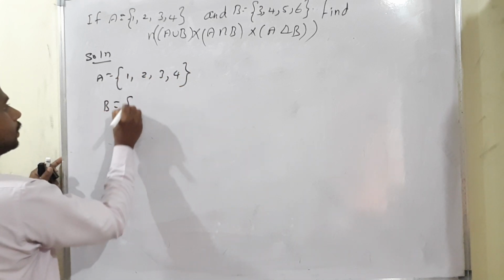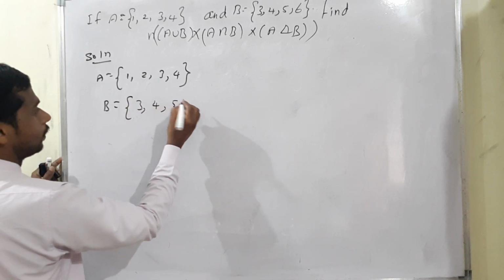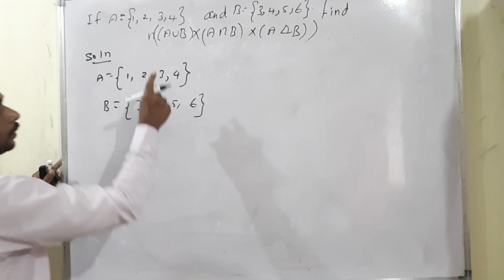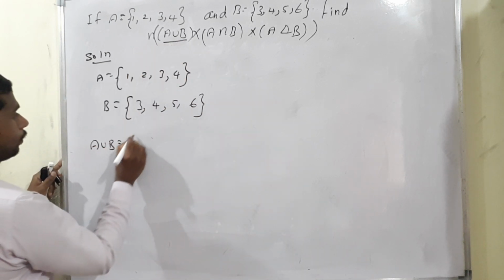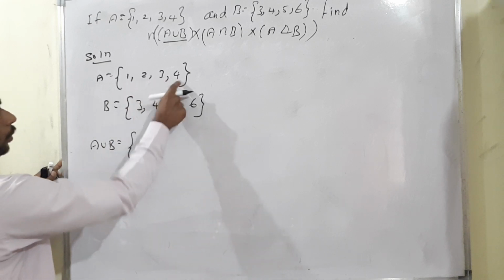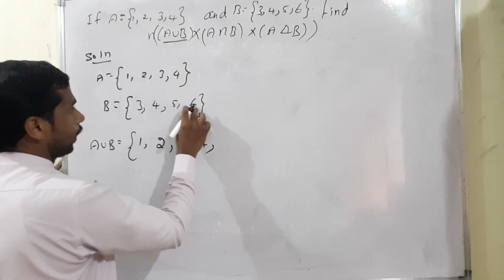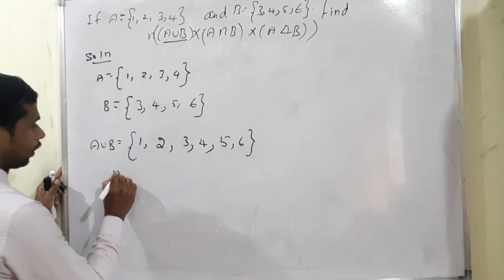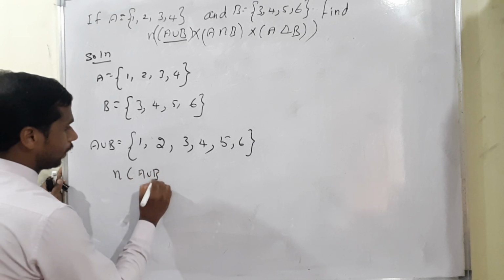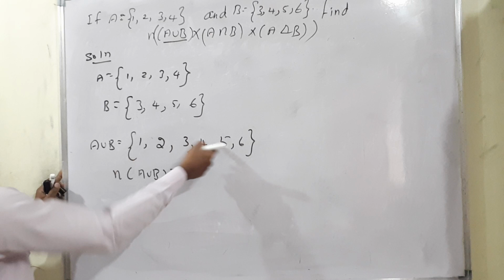Then B is equal to 3, 4, 5, 6. First we have to find out A union B. So A union B means 1, 2, 3, 4, again 5 and 6. Therefore, number of A union B is equal to 6.